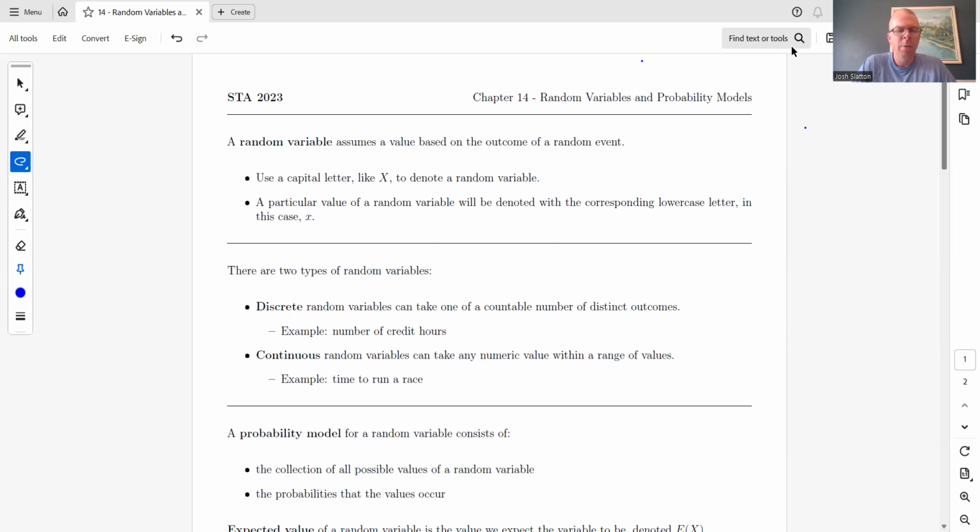So we have discrete, where we can list all the possible outcomes, so number of credit hours, number of people in a group, anything that you can count like that. And then continuous random variables are more like scientific measurements. A lot of times those are going to be considered continuous, so time to run a race.